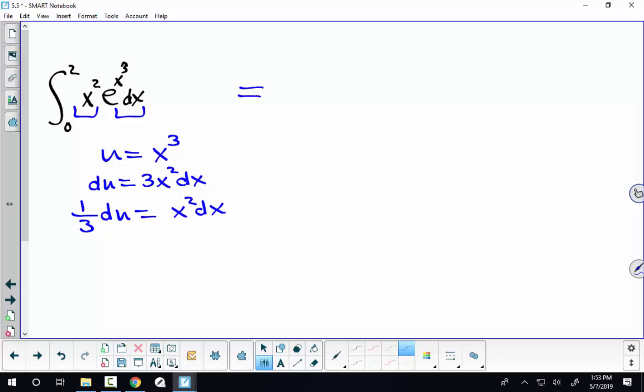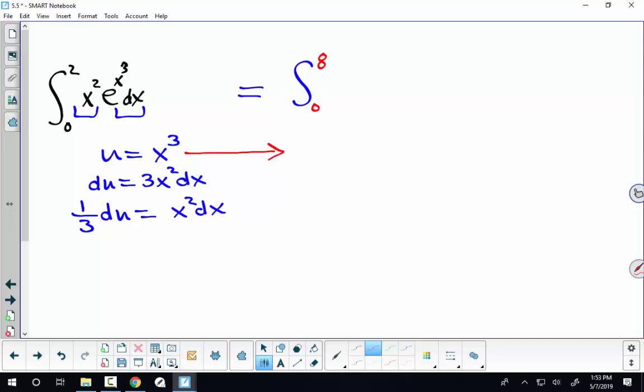So our substitution then turns the original integral into what? 0 to 8. 0 to 8. What do y'all think? Is that how our bounds would change? So we're basing it off of this one here.